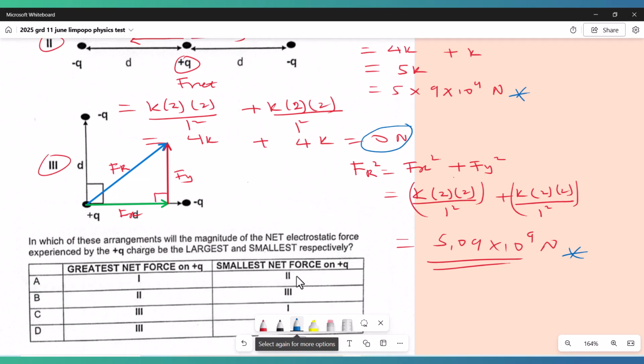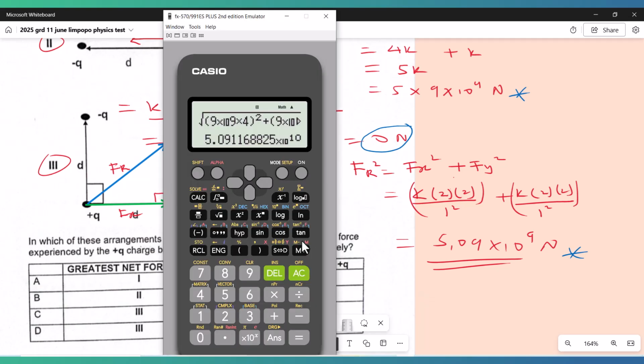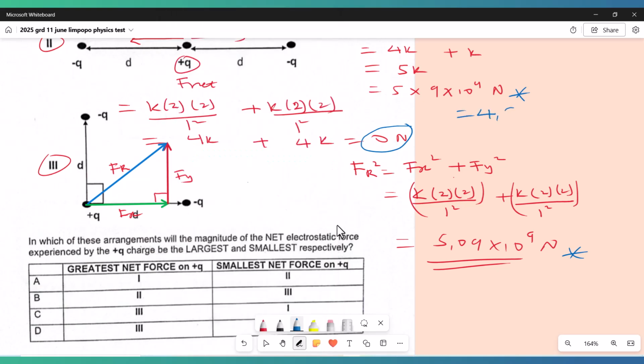Let's find out what is 5 times 9 exponent 9. That was our 5k. Let's check it again. Now our 5k is 5 times 9 exponent 9, which gives us 4,5 exponent 10.